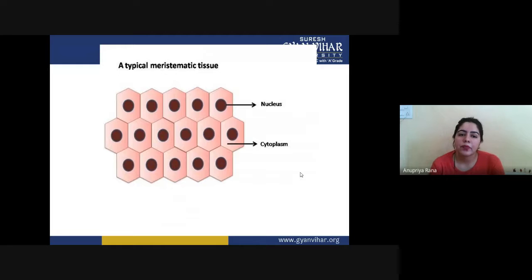So here you can see a diagram of the meristematic tissue. This is a very simple kind of cell arrangement. All the cells are identical. Same kind of cells are present here. They have only a cell wall, cell membrane, centrally placed nucleus, and the cytoplasm.